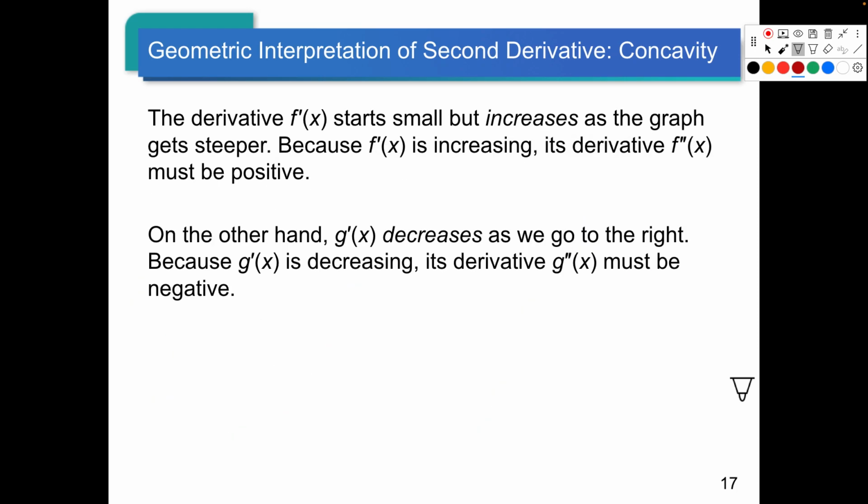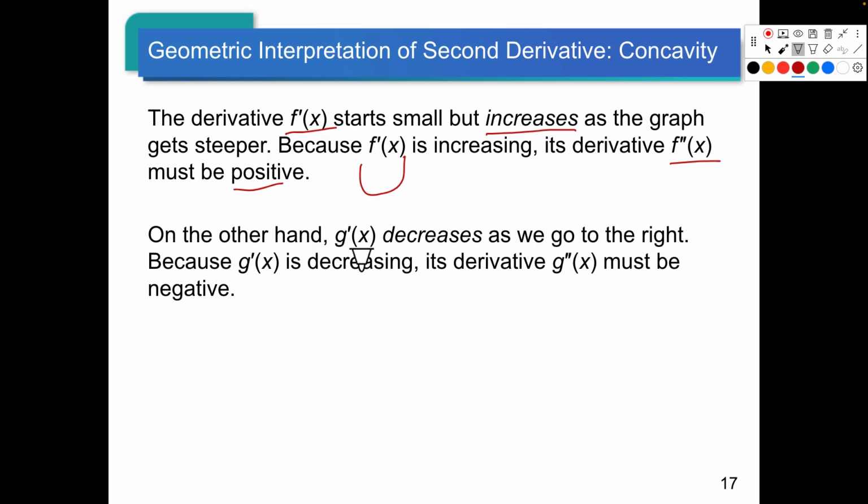Okay, and this is just putting it in words. So the first one, the derivative starts small but increases, so the rate of change is increasing, and thus the second derivative must be positive, and positive means it's going like this.